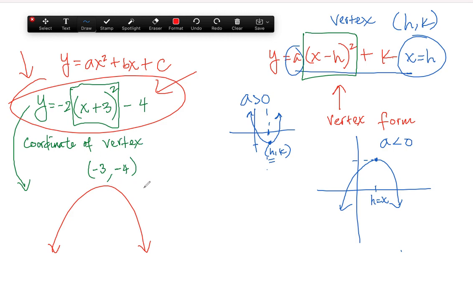What is the maximum value? -3 comma -4. The maximum value occurs at x equals -3, but the actual maximum value is the k. So it's y equals -4 is the maximum value. Exactly. Okay, cool. Now, what about the axis of symmetry?